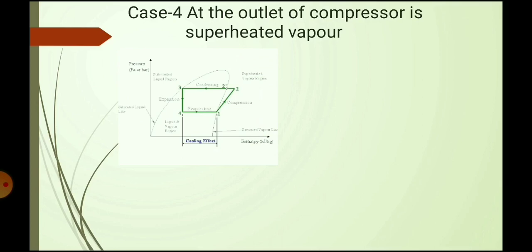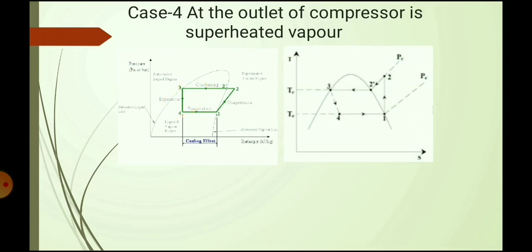This is the pH diagram. This will be point 2. Clear? And it is in the superheated region. Point 1 is on the saturated vapor line. Clear? And point 3 is on the saturated liquid line.